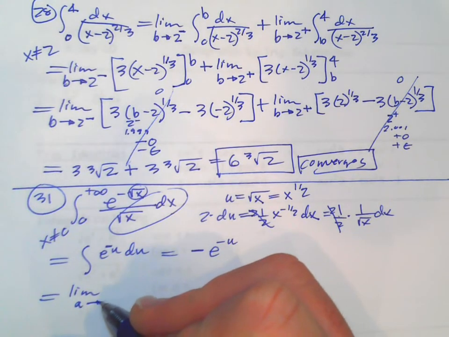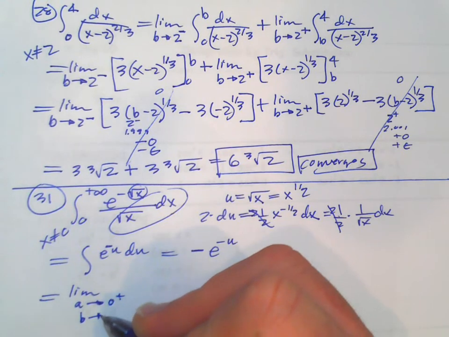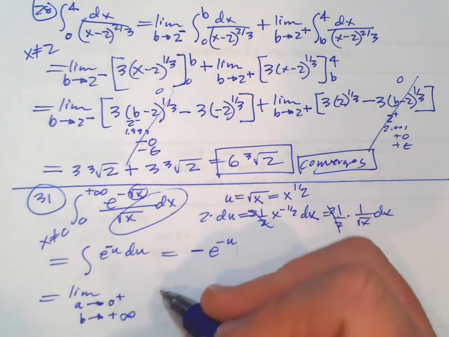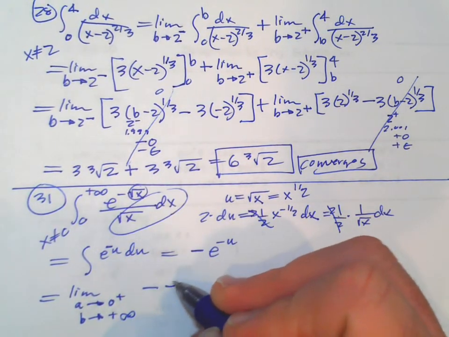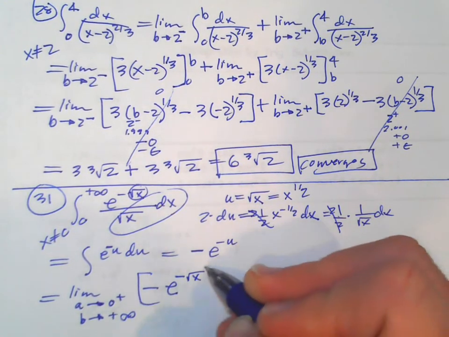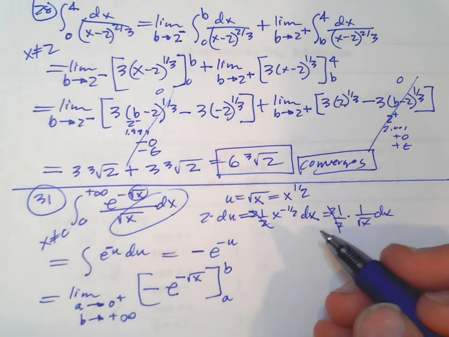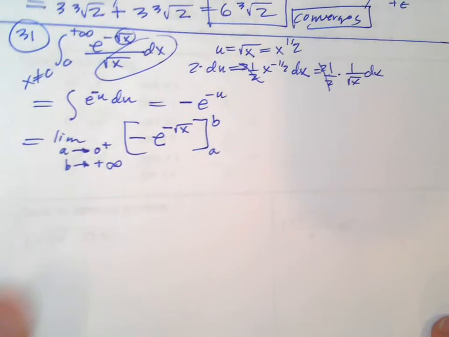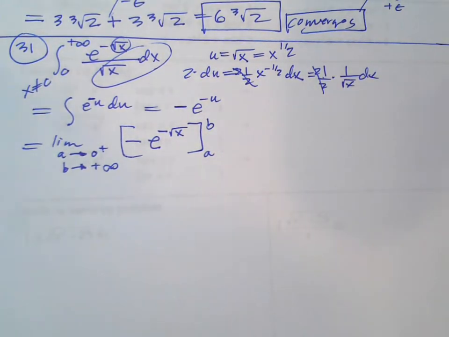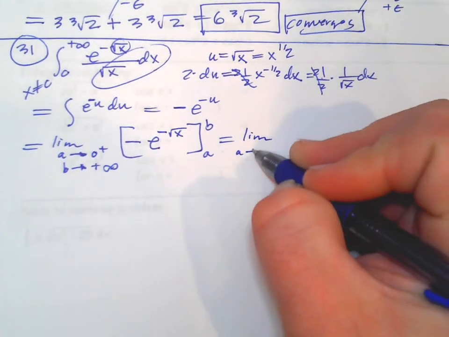Say as a approaches 0 from the right side and b approaches positive infinity of negative e to the negative square root of x, from a to b. It's like a double limit. All right. I don't know, I'm making this up.